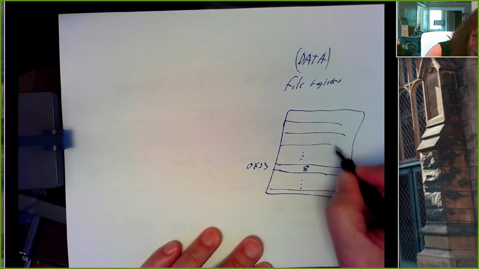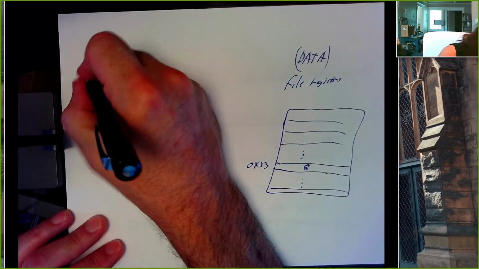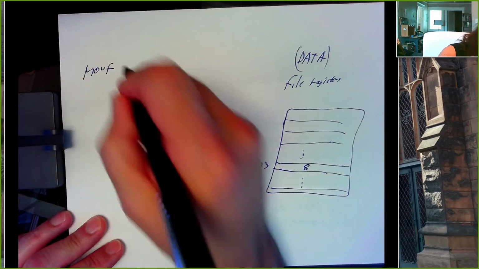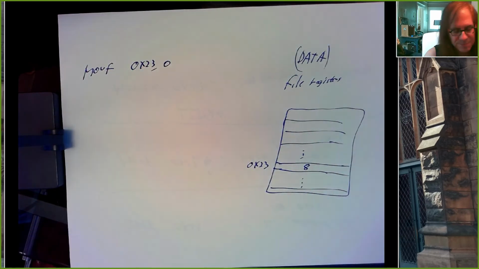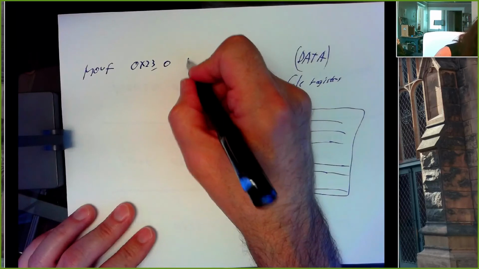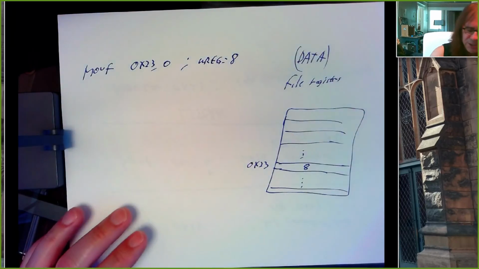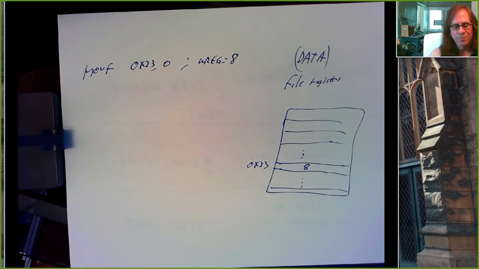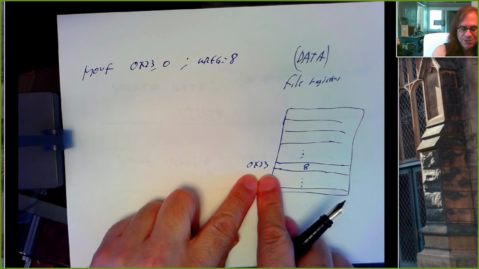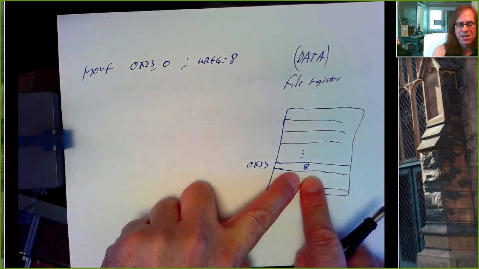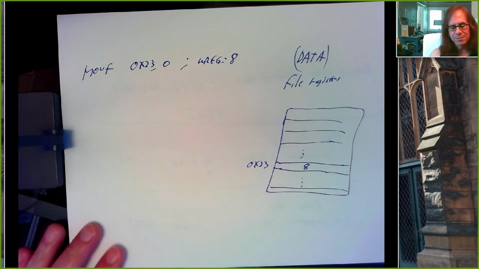So let's say file register 23 contains the value 8. And let's say move file register 23, 0. So after I do this, my W register is going to be equal to 8, because this says read the contents of the file register. So go to location 23. What's in there? There's an 8. Take the 8, put it into the W register.